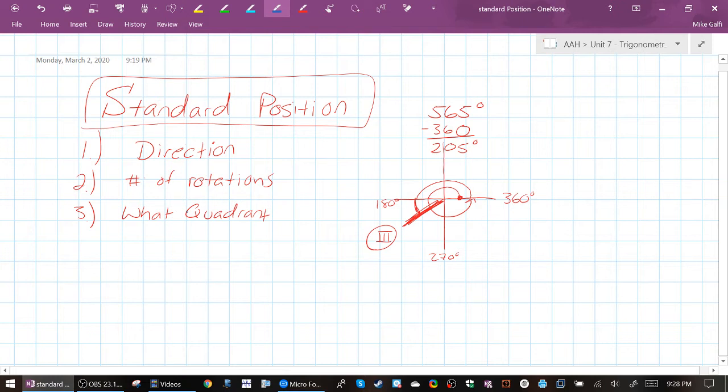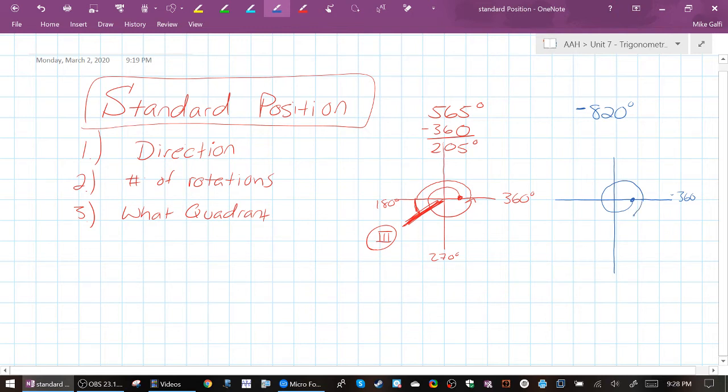Okay, we can try this on the negative side. So for example, negative 820 degrees. So if I'm going in a negative direction, I always start in the same place. But negative means I'm going to start by going down first instead of up. So if I go one full rotation, that would be 360 degrees in a negative direction.